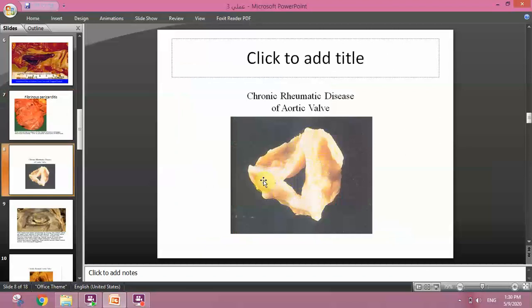The fibrosis appears grossly whitish. As you see, this color is white, while the normal valve is light pink, but here it is fibrotic and the wall is thicker than the normal heart valve wall.